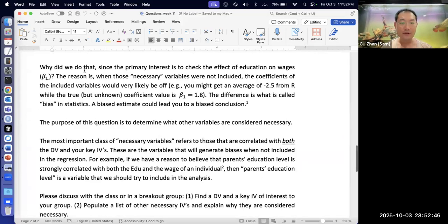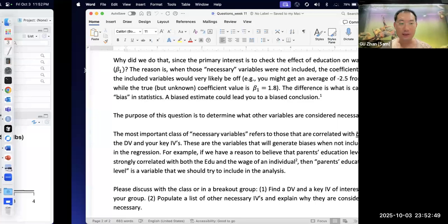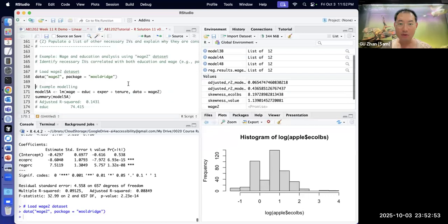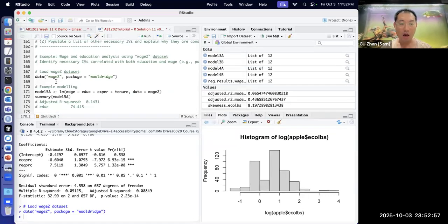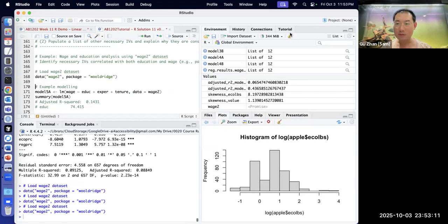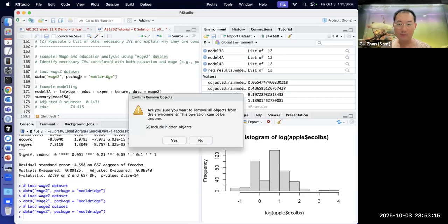Okay, cool. So first, let's look at the wage 2 data set. Let me clear everything here and run it.